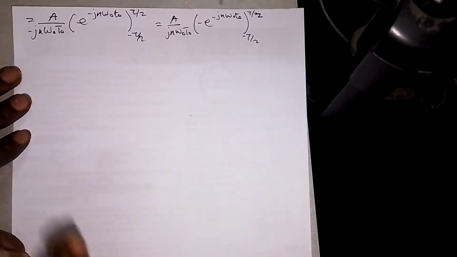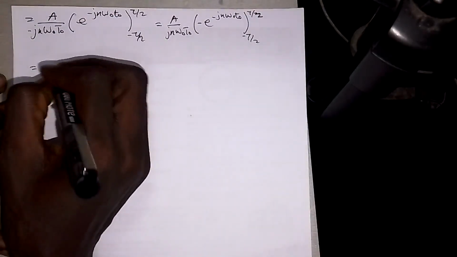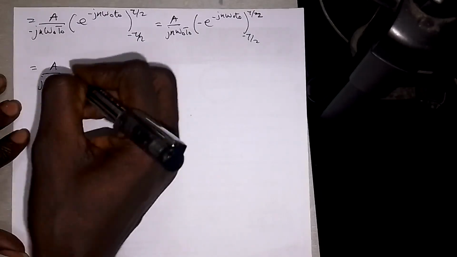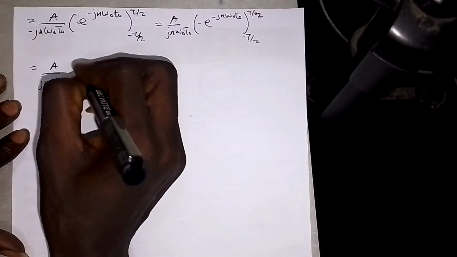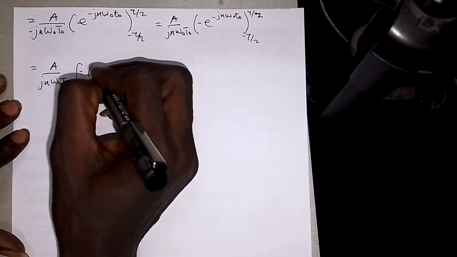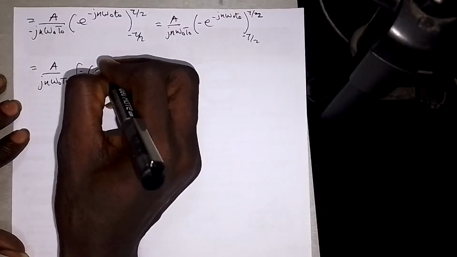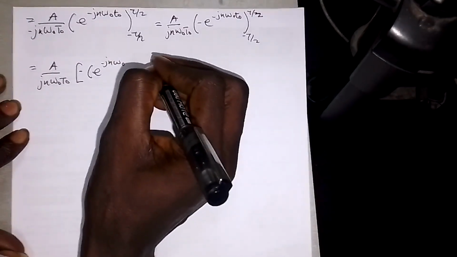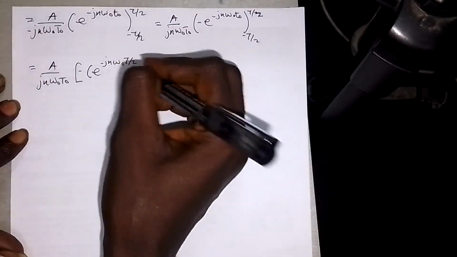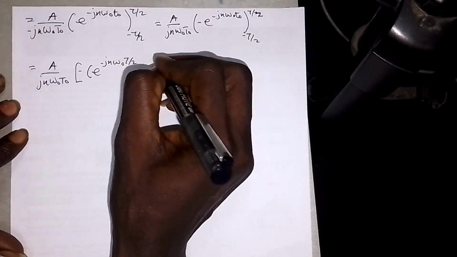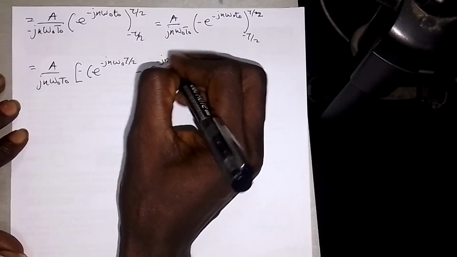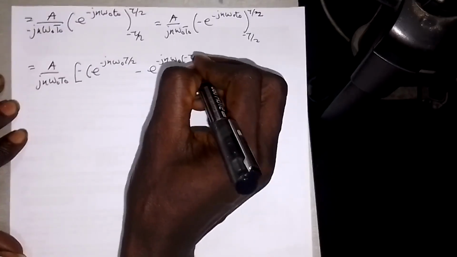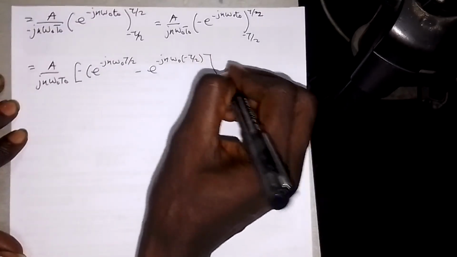So now I can say that I can have A into j n omega naught into t naught into minus, so here I can have e to the minus j n omega naught tau on 2, minus e to the minus j n omega naught minus tau on 2. Okay, so I can say this.